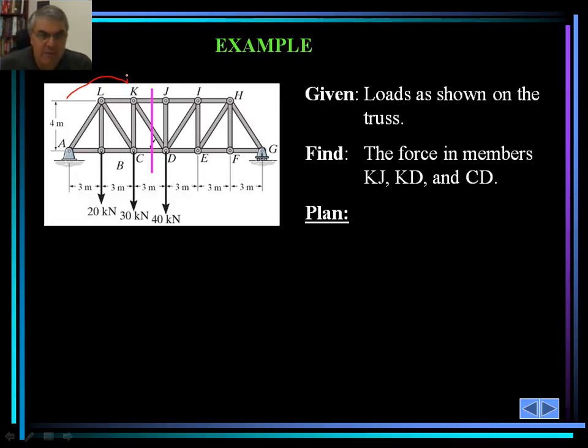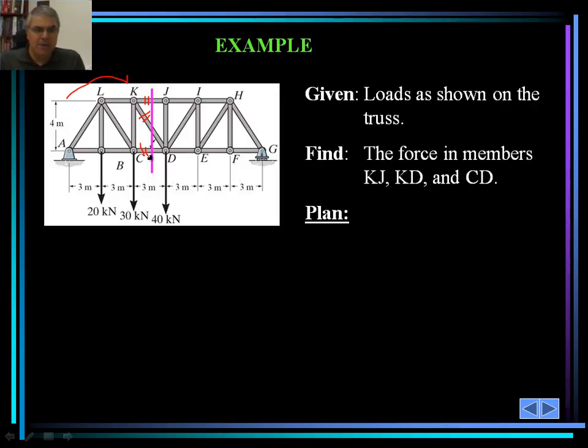Let's look at the members first. Remember, we don't know the location of the cut yet. So we would like to determine the forces in member KJ, member KD, and member CD. We may not even know if we should use method of sections or method of joints that I covered previously.